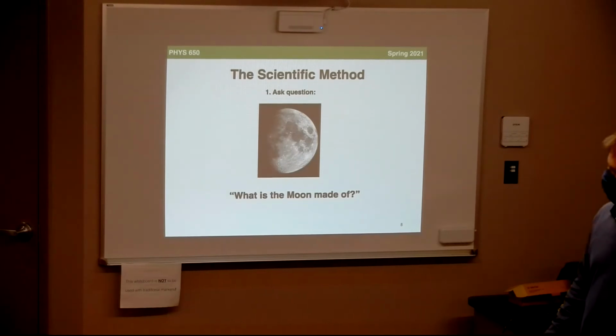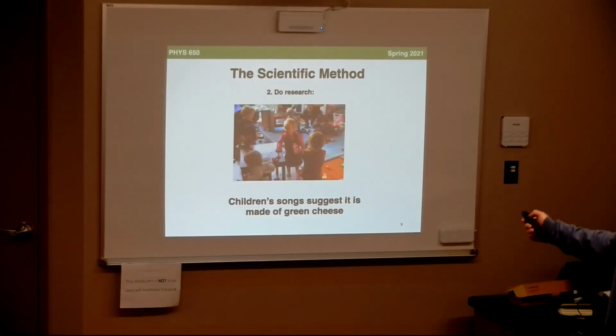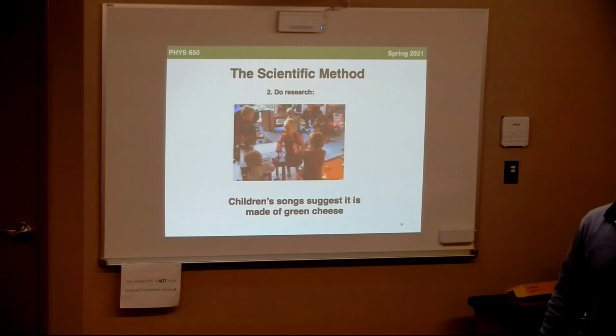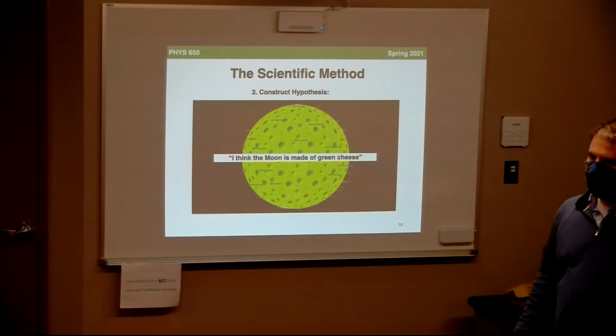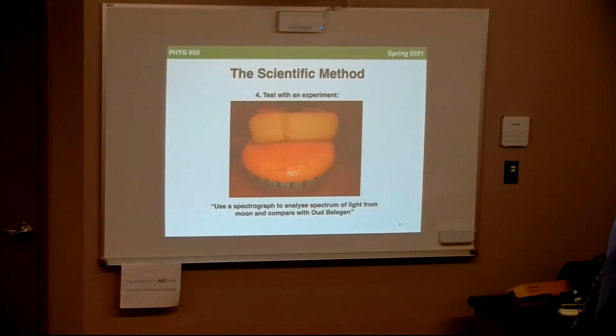So, for example, the scientific method is how we get started. We have a hypothesis. Or we have a question, and we're going to go formulate a hypothesis. What is the moon made of? We've got this thing here in the sky. Anecdotal evidence suggests that it is made out of cheese. Both children's songs and others have told me that this is very cheese-like. Okay, the hypothesis: I think the moon is made out of green cheese. Cool, let's go check that. How do we do that? First, we do an experiment.